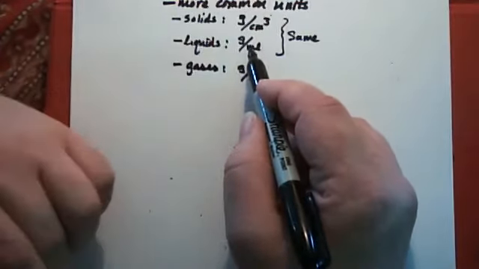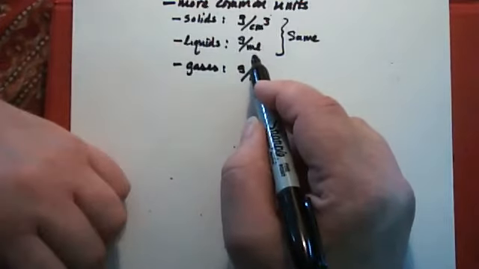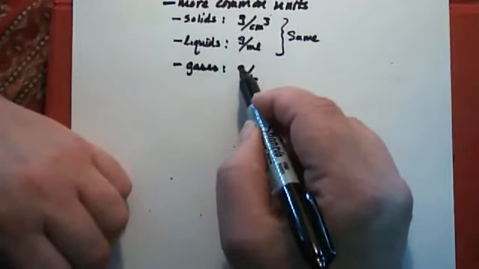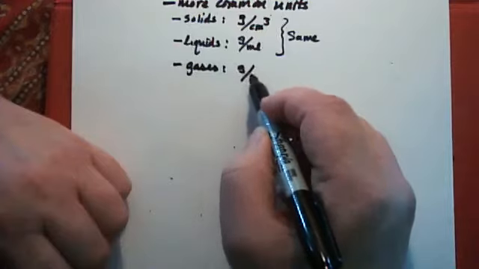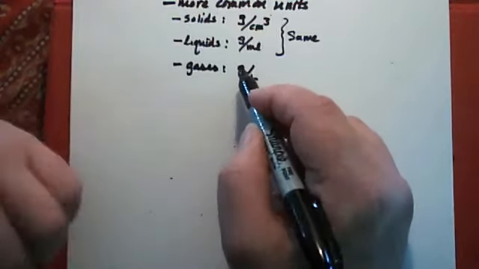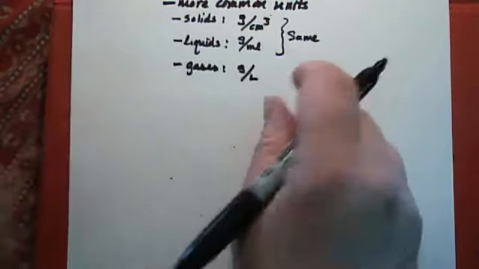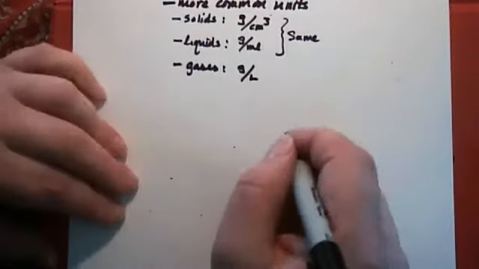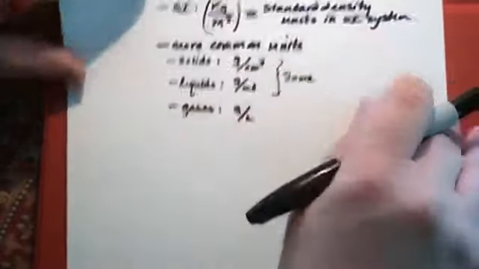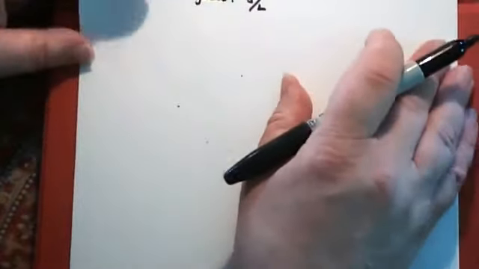And that is a small, inconvenient number to deal with. It's a much more convenient number if you use a larger volume, in which case you get a density that's more like maybe 2 grams per liter. So that's why we use those units. But then, of course, we could always change those units to kilograms per cubic meter if we have to.